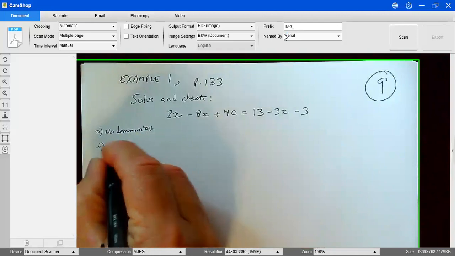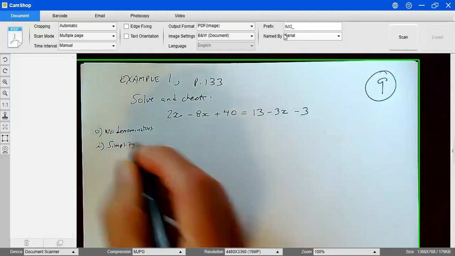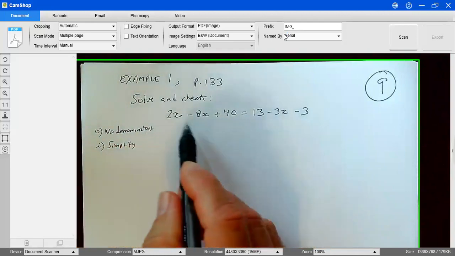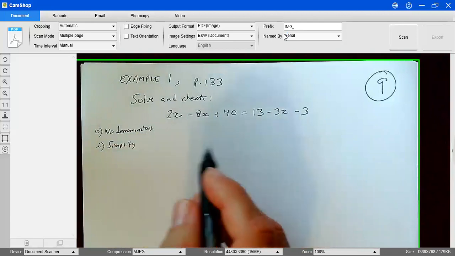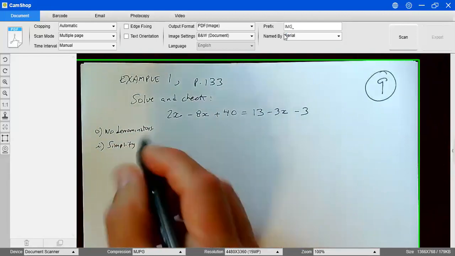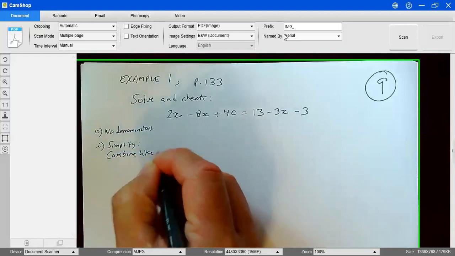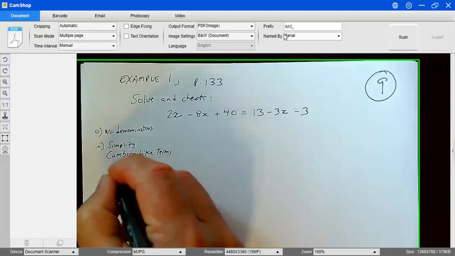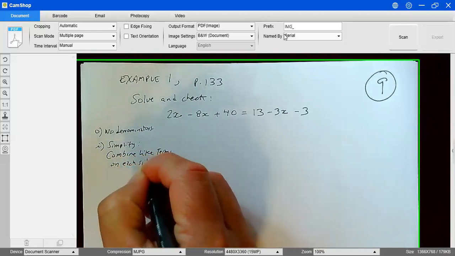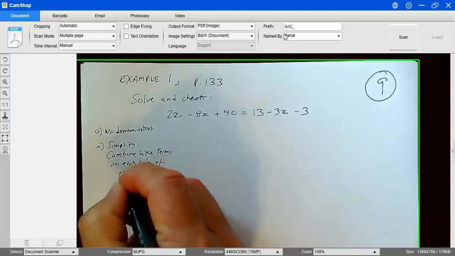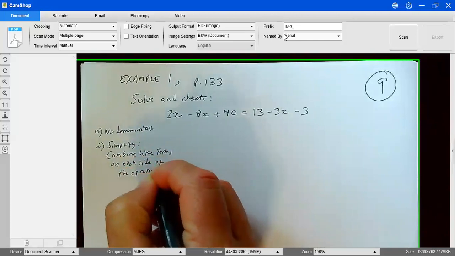We're going to simplify. Simplify means that you're going to combine like terms on each side of the equation. That's step 1.